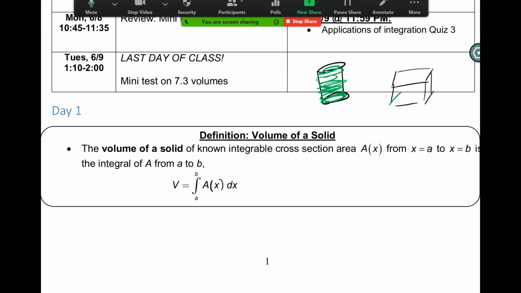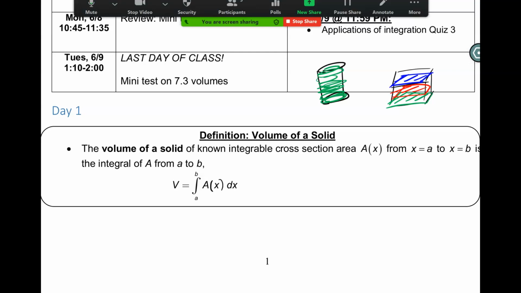If I find the area of this box, I could keep finding lots and lots of slices, and go slice by slice. I'm just slicing, and I know how to find area. That was our last lesson.